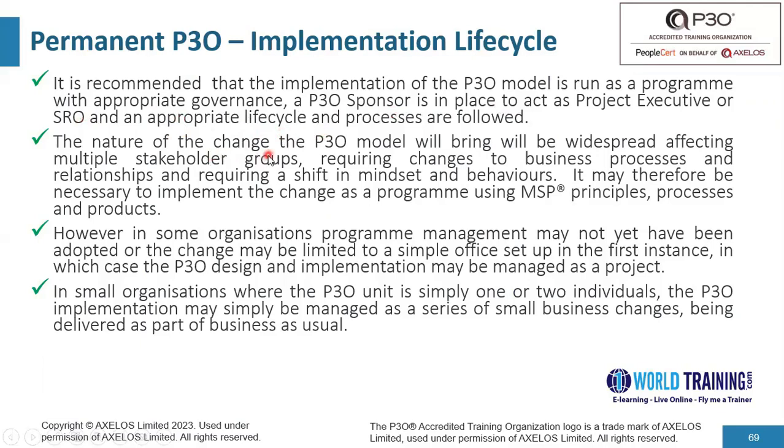The nature of the change the P3O model will bring will be widespread, affecting multiple stakeholder groups, requiring changes to business processes and relationships, and requiring a shift in mindset and behaviors. It may therefore be necessary to implement the change as a program using MSP principles, processes, and products. So the recommendation is to use a program thinking and a program approach for implementing.